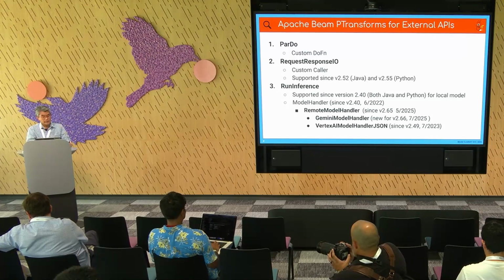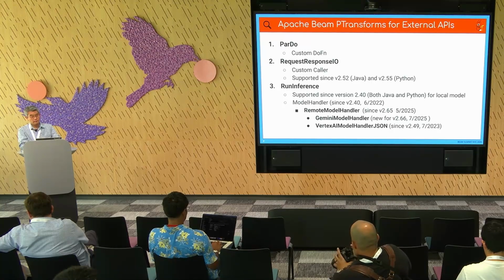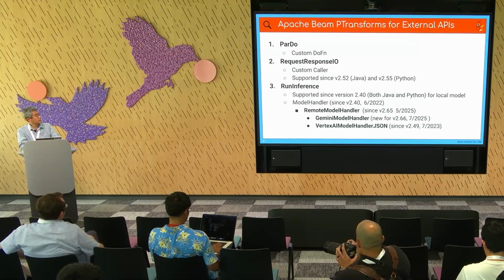Okay, so now let's look at Beam's options to implement remote inference. I will compare 3 PTransforms for calling external APIs, starting with ParDo, which is the most primitive transform with Beam. The second one is RequestResponseIO, originally developed for web APIs.